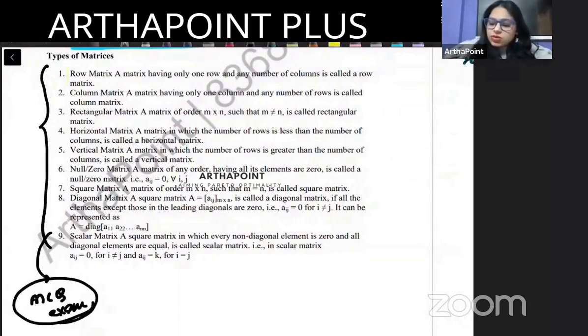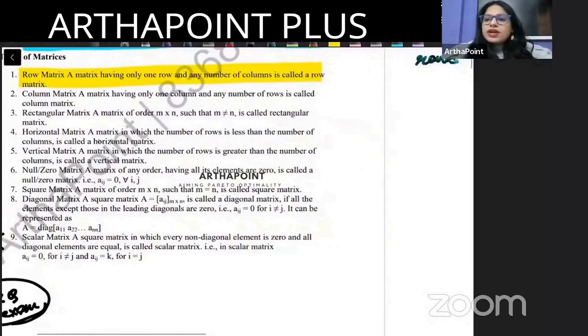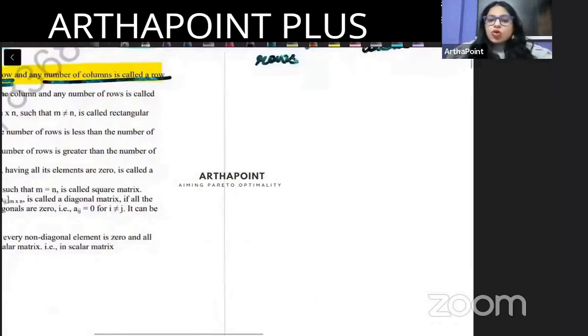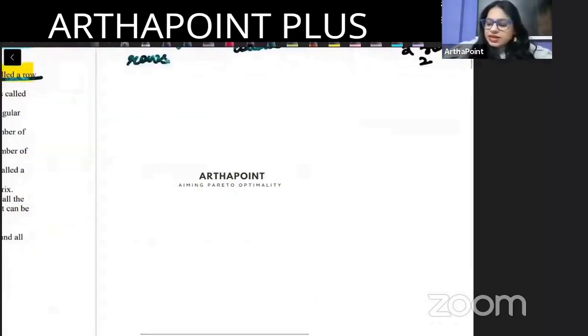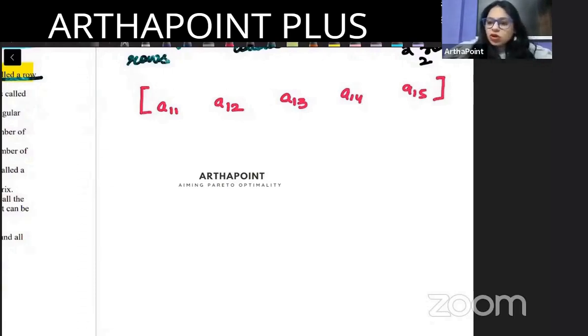बेटा, first matrix देखो. The first matrix is called a row matrix. A row matrix is any matrix which has only one row but many columns in it. अगर row एक ही है, it means that I have A11, A12, A13, A14, A15, ऐसे मेरे पास एक मैट्रिक्स है. देखो, there are so many columns ना.